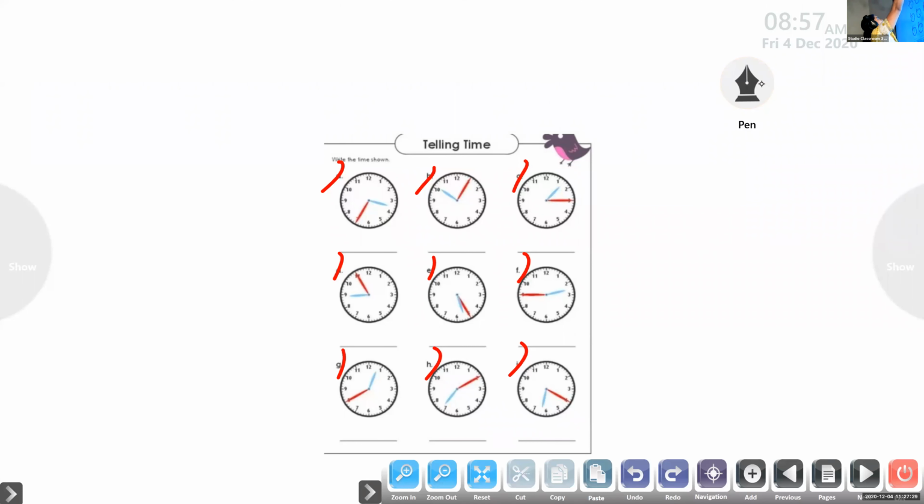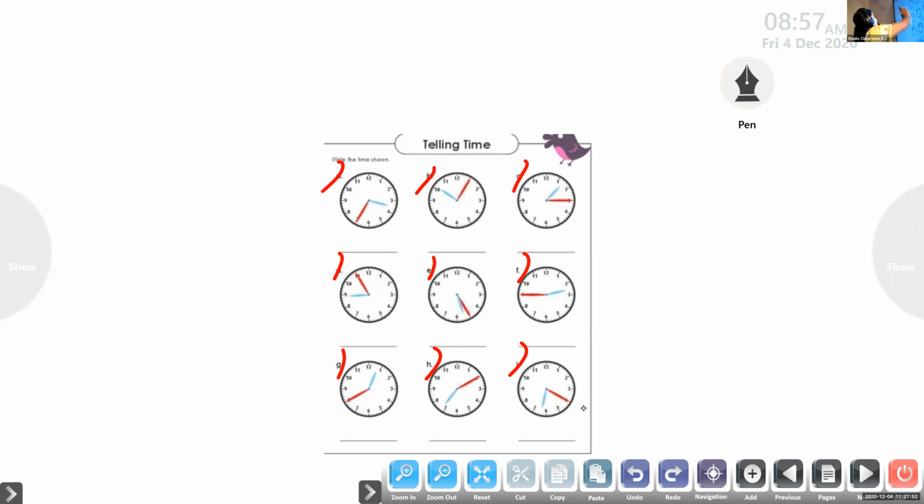I will tell the position if you want. Take your rough book. Ma'am, can you zoom it? Oh, it's difficult, dear. Anyway, I'll tell the position. That will be better.